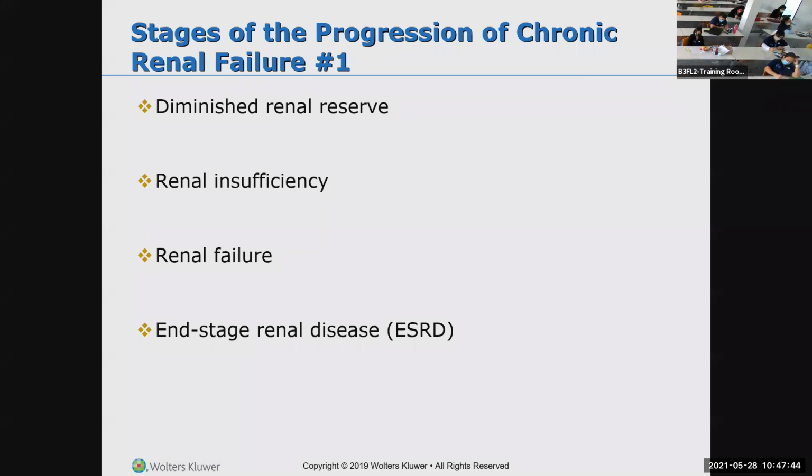Now I'm suffering from renal failure. Please highlight the last condition over here. We call it end-stage renal disease. Now, the doctor said you are in end-stage renal disease. Now we need to take care of it. Dialysis. Is it clear? Dialysis.